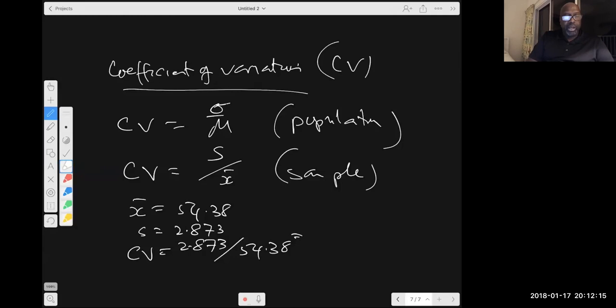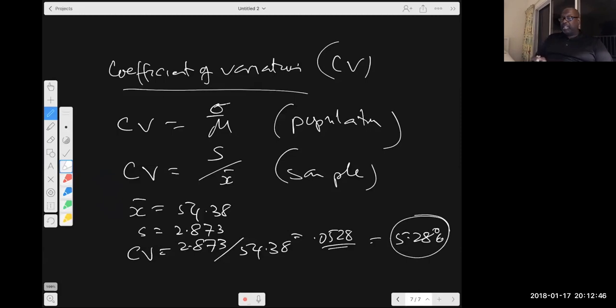So here's my mean and my standard deviation. It turns out that that divided by 54.38 is 0.0528. We can actually express it as a percentage, which basically means the percentage of the mean that the standard deviation represents, which in this case is 5.28%. And that is actually quite low.